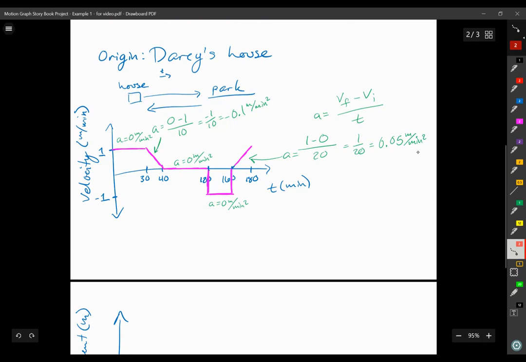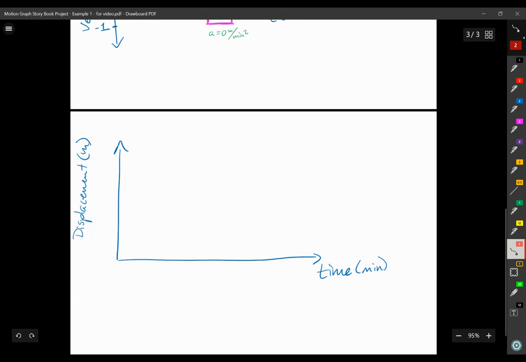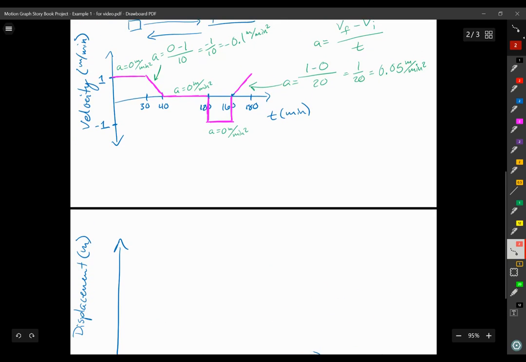Okay, so use your velocity time graph to tell you everything about your displacement time graph. I'm going to start with this first section. My velocity is constant at 1, which means my slope for my displacement time graph is going to be 1. You can also think of it as the area method. Remember, we could fill that in, and the height would be 1 for this first part. The width would be 30. So 1 times 30 is 30.